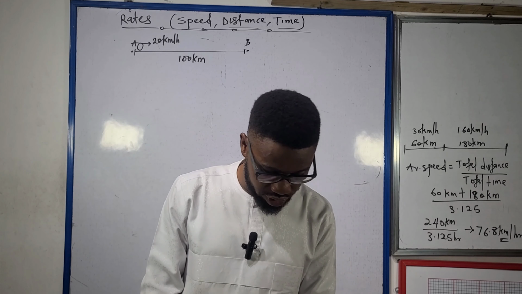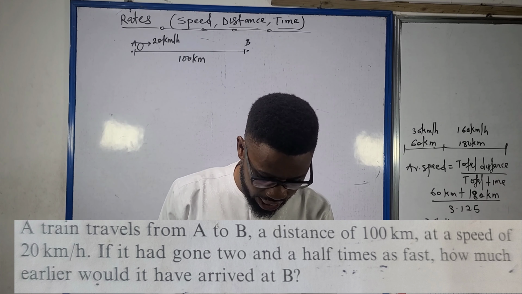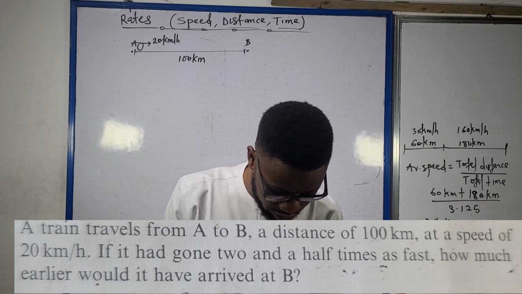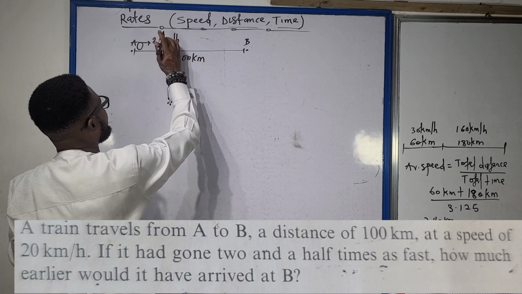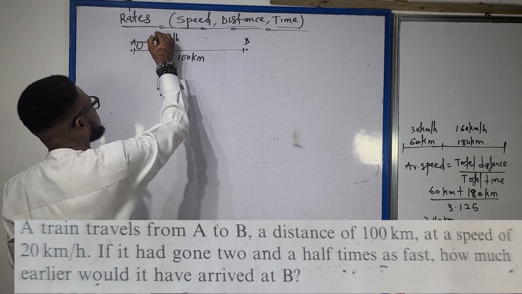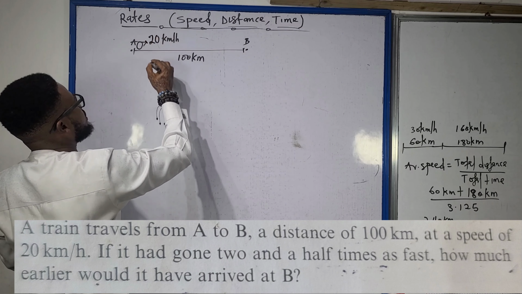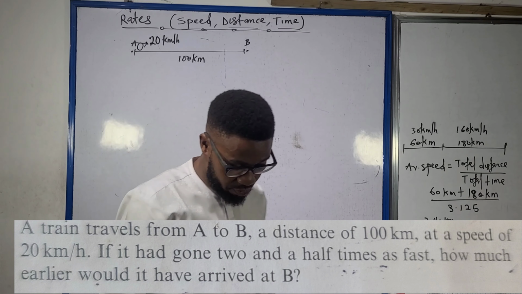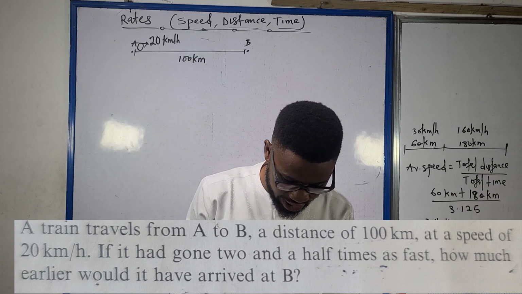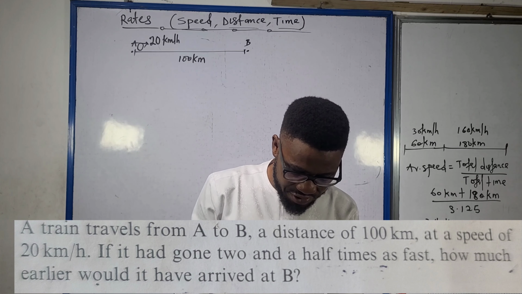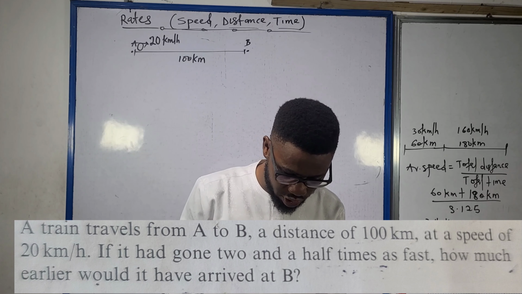As you can see on your screen, a train travels from A to B, a distance of 100 kilometers at a speed of 20 kilometers per hour. That's exactly what we have here: 20 kilometers per hour is the speed, and of course the distance there is 100 kilometers. If it had gone 2.5 times faster, how much earlier?